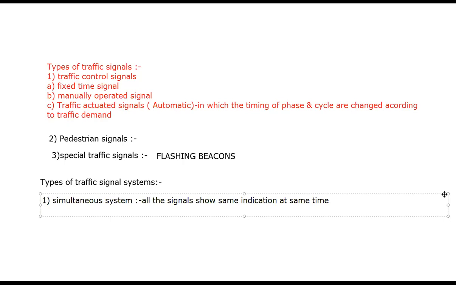The second type of traffic signal system is an alternate system. In this type of system, it shows opposite indications at the same time.